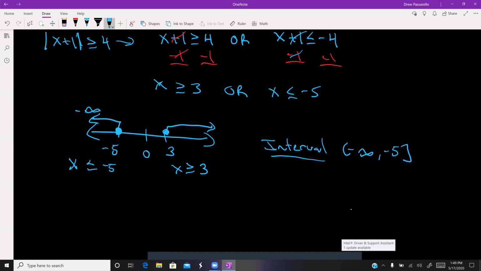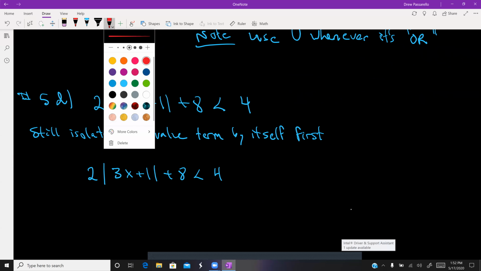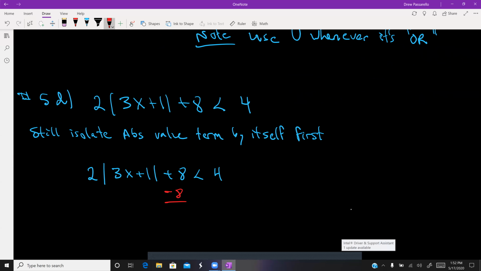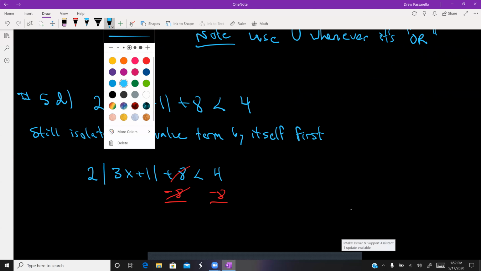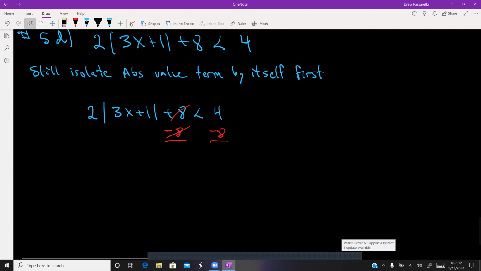Meaning I'm going to subtract 8 from both sides. All right, so subtracting 8. So I have 2 times the absolute value of 3x plus 1 less than negative 4.